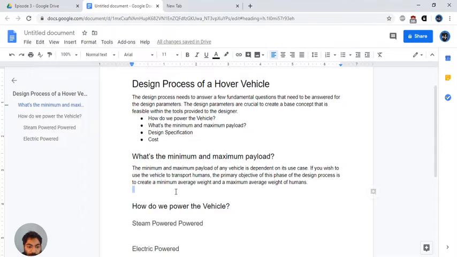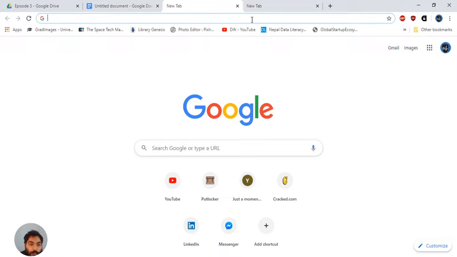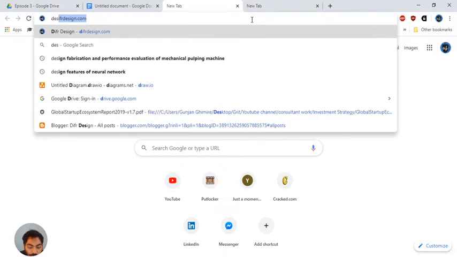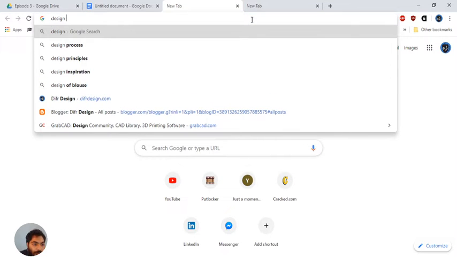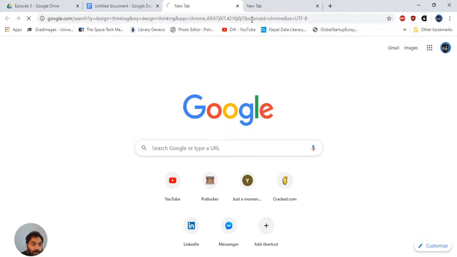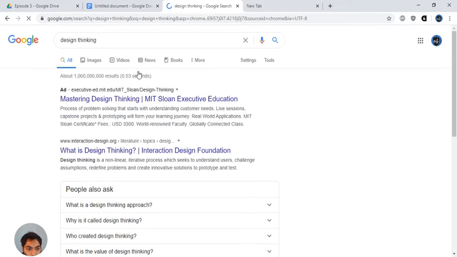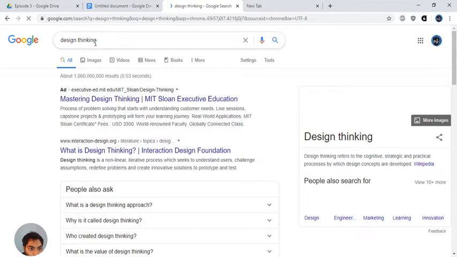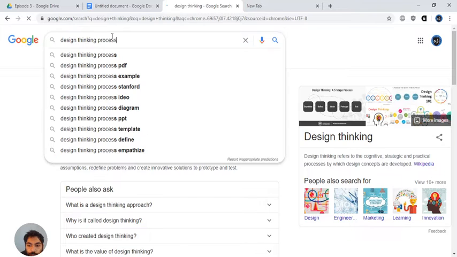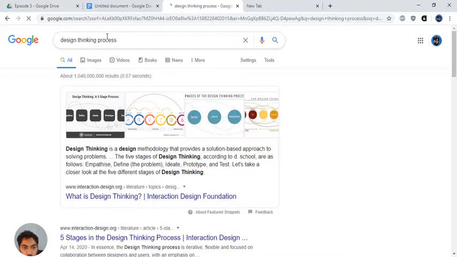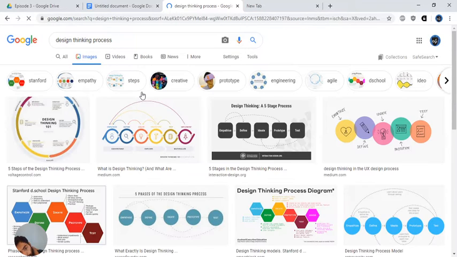So we've got that. Now what I'm looking for is design thinking. I'm gonna explain how I've been design thinking. There's the Stanford d.school design thinking process.